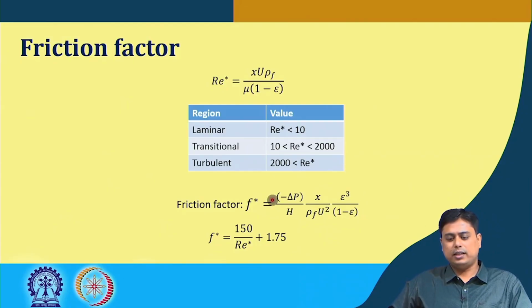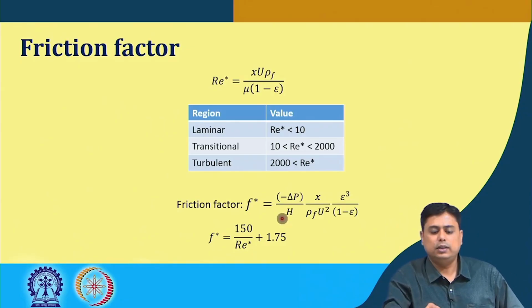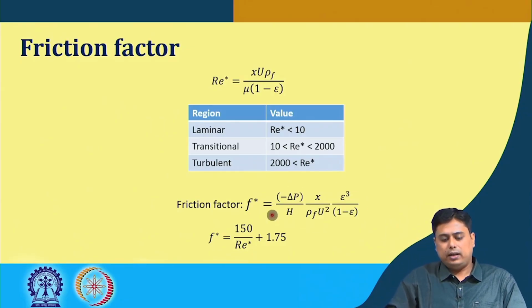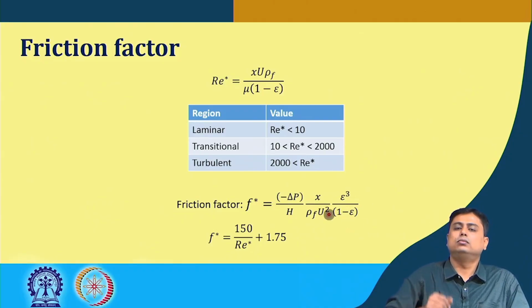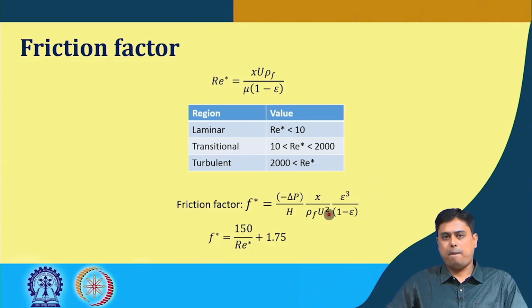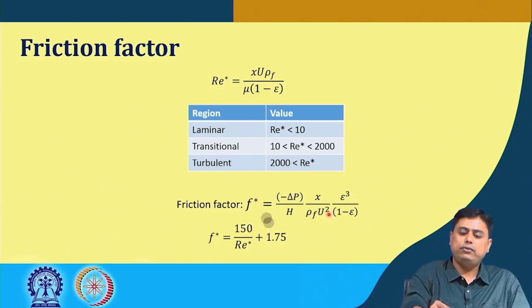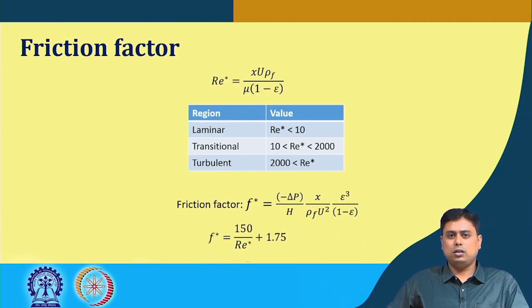If you look at this expression, it basically forms that friction factor term in the Fanning friction factor with the inclusion of this voidage parameter. And then if we define that, the Ergun equation is simplified to a friction factor expression, which is nothing but 150 by Re star, which is the particle Reynolds number.